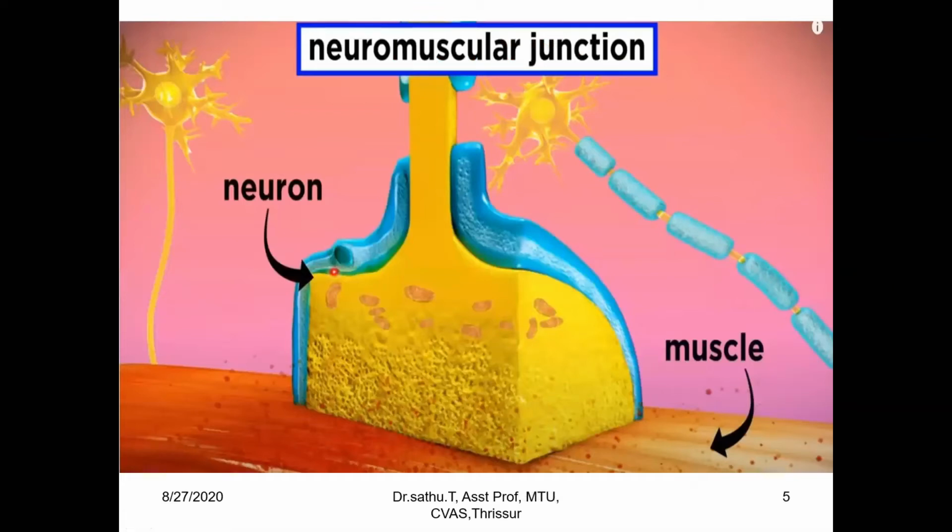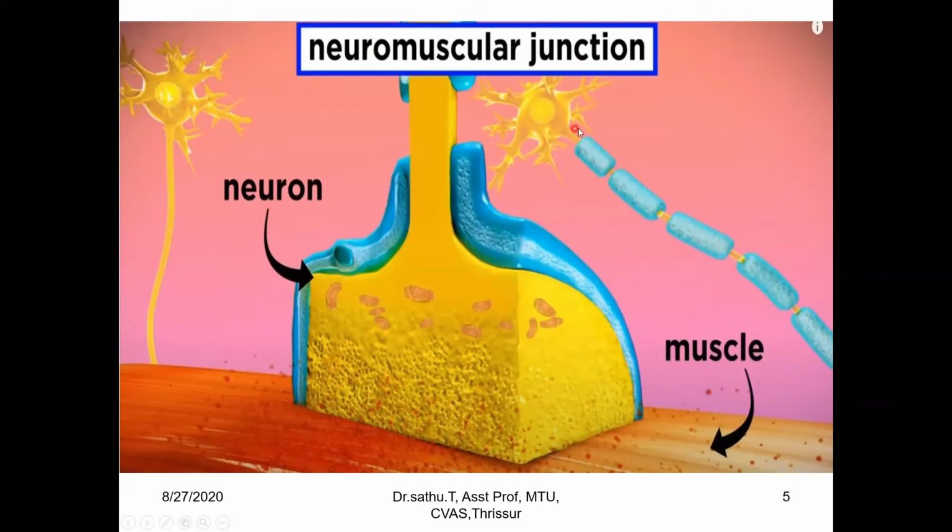So let's understand what the neuromuscular junction is. This is the junction where the axon of the nerve comes and binds with the muscle. The junction that is formed between the axon end of the nerve and the muscle is called a neuromuscular junction.